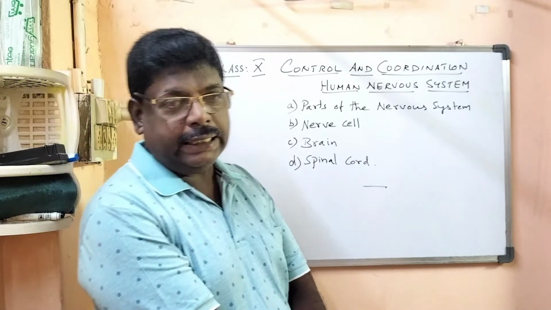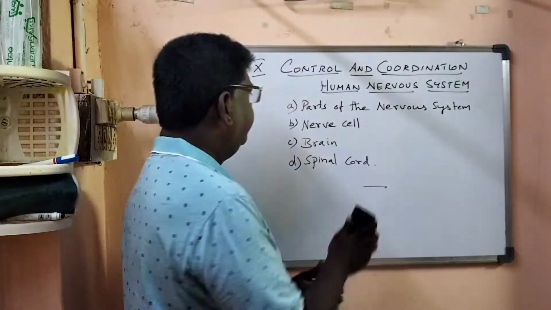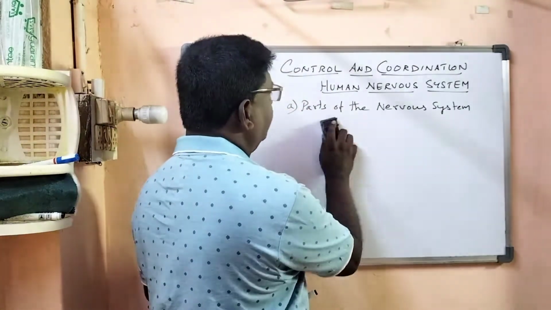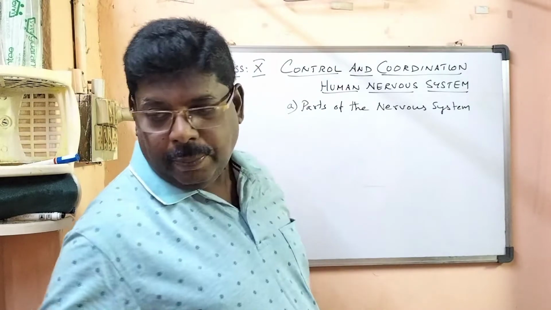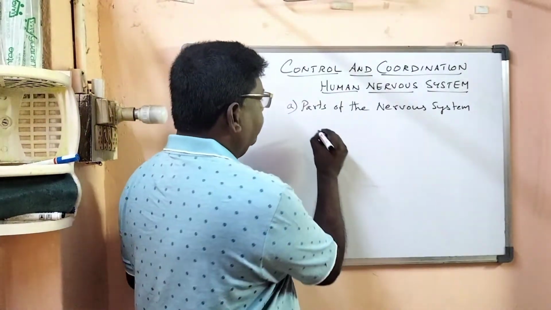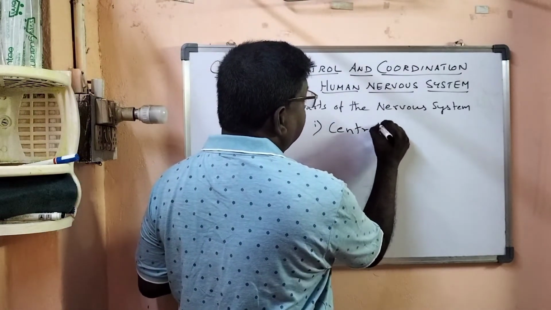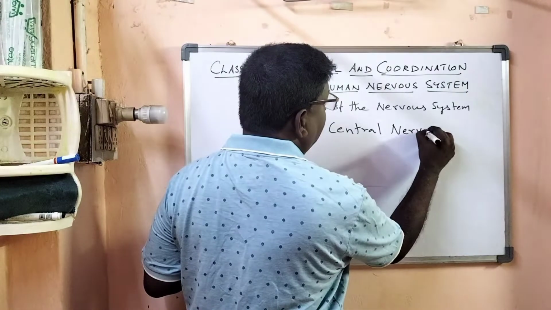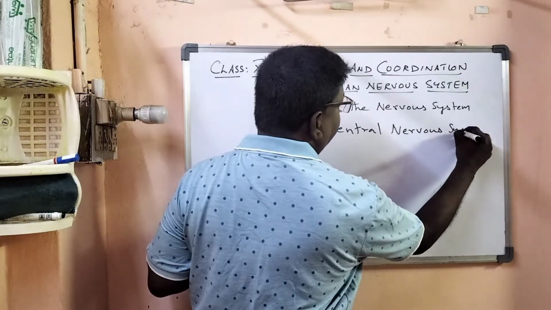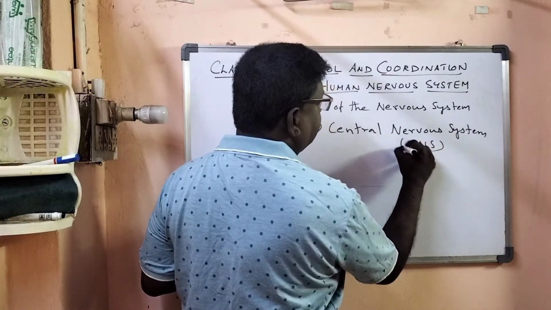So first let us see the parts of nervous system. The parts of nervous system consist of two things. One is the central nervous system, also called CNS.